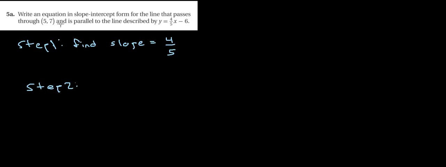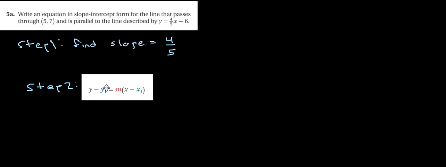I've got to write the equation for the line that passes through (5, 7) in point-slope form, and here is that formula. So step 2: write an equation in point-slope form.